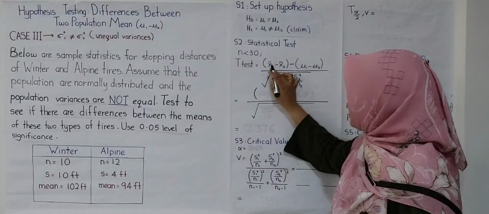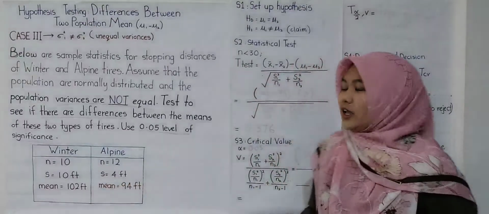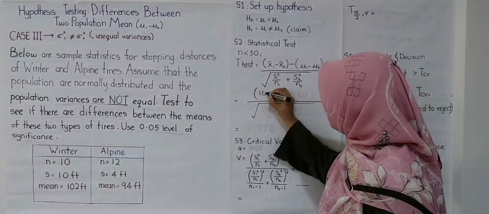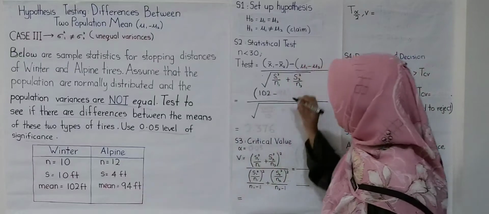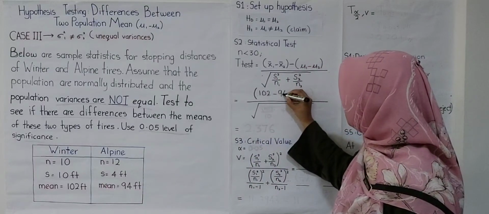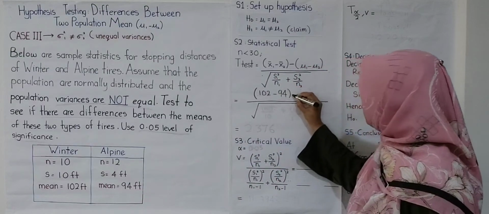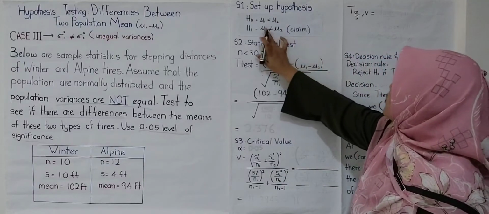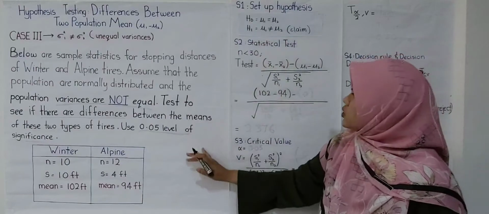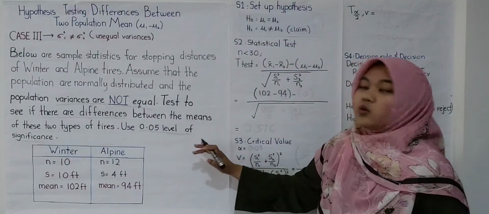X bar 1 is 102 minus x bar 2 is 94, minus mu1 minus mu2. You can look at the hypothesis, or also if it's stated in the question.